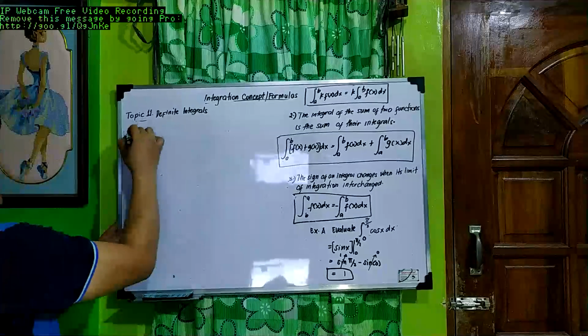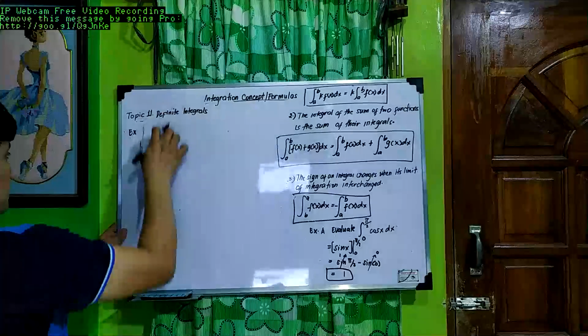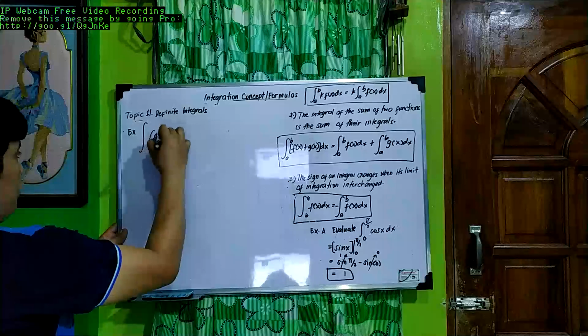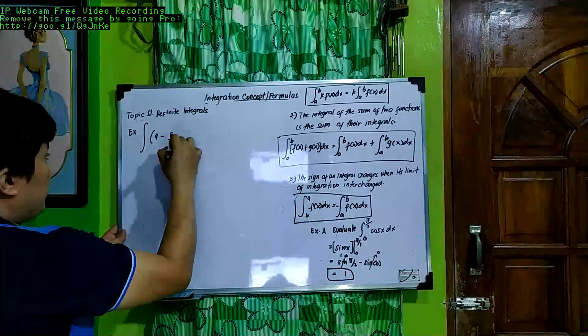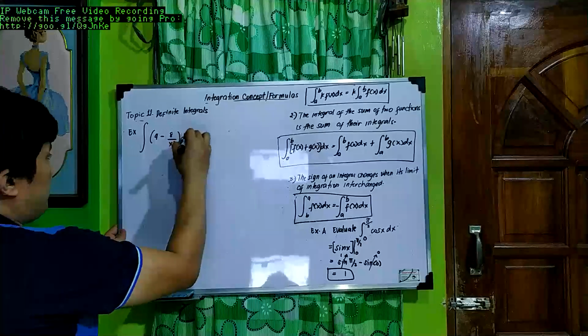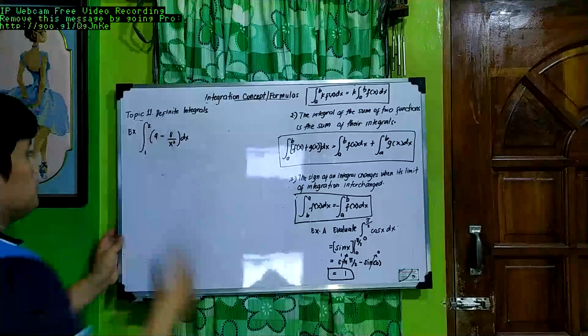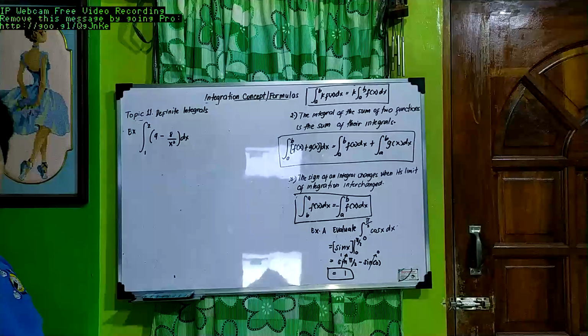Our next example is 4 minus 8 over x squared dx with our limits from still 1 to 2. Let's try that one.